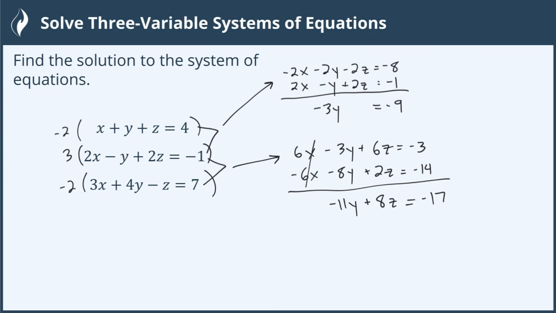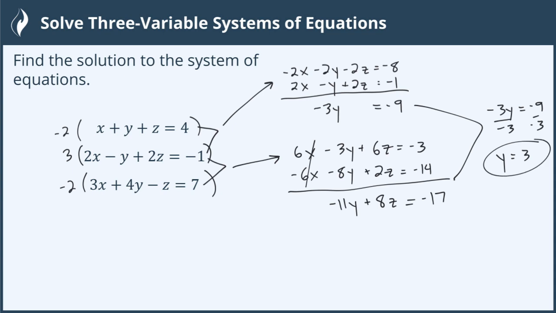Usually from here, I now have these two equations and I'm getting rid of y or z next. But if I look at this first one, I already have an equation without a z. So from here, I can go ahead and solve: I've got -3y equals -9. When I divide both sides by -3, I get y equals 3.